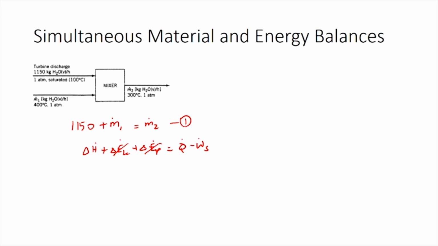As we do not have any moving parts in the system, Ws also goes to 0. In addition, the problem statement tells us that the process is adiabatic, which means there is no energy supplied to or from the system by the surroundings in the form of heat. So, there is no heat exchange between the system and surroundings, meaning Q dot is also equal to 0. So, you end up with the equation delta H dot equals 0.